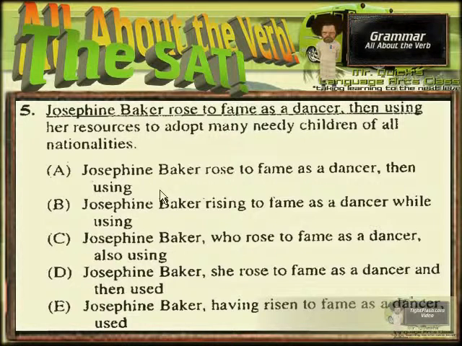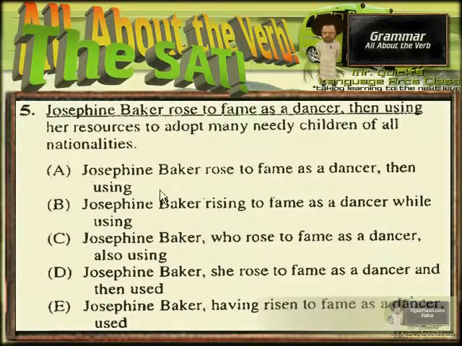But what's coming after this comma? Is there supposed to be a dependent clause? Then using her resources. Well, we know using is not a verb; -ing indicates that. But we do know about the verb use. So could it possibly be that we're supposed to be saying use and not using? Let's look through the answer choices and see.